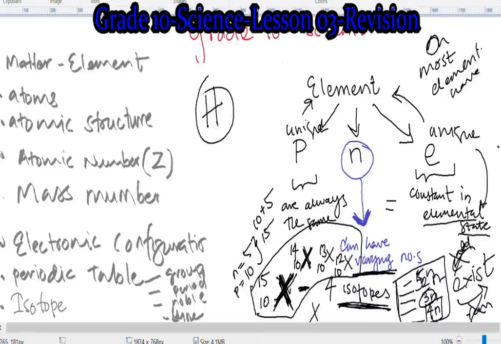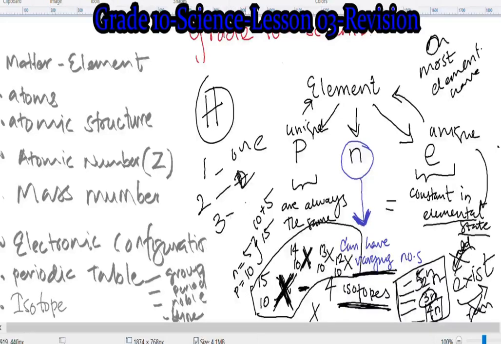What were the names? Protium, deuterium, and tritium. Protium is because it has a mass number of 1, 2, and 3. Pro is 1, deu is 2, right?